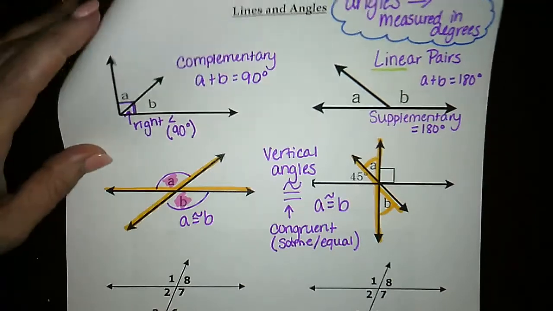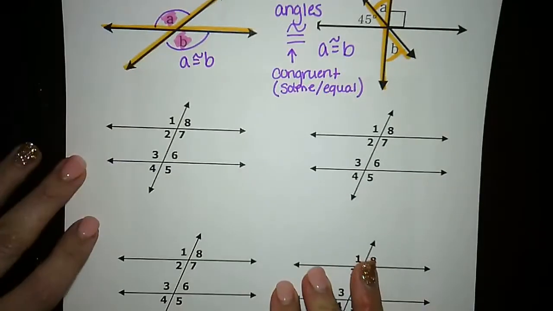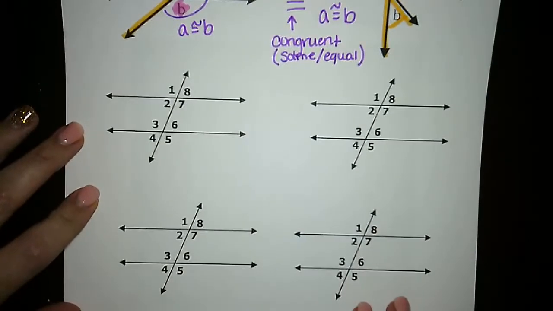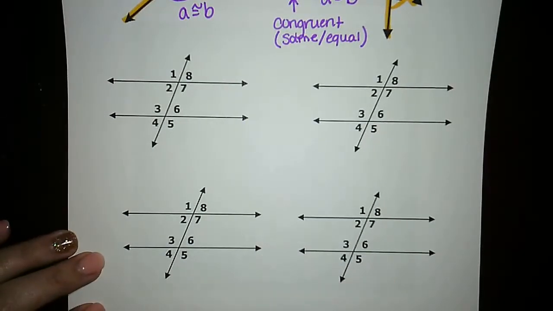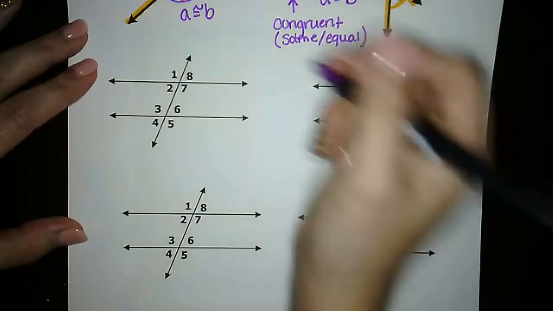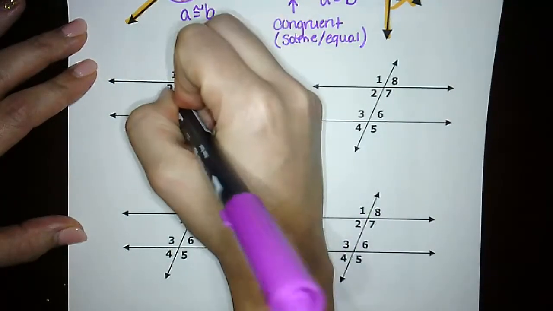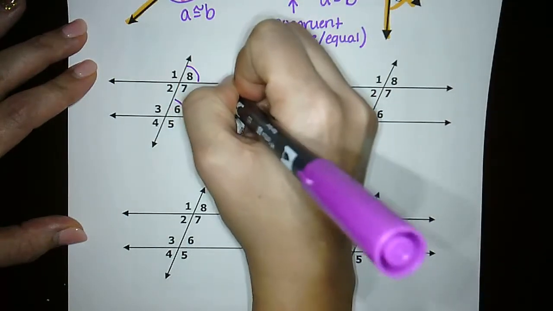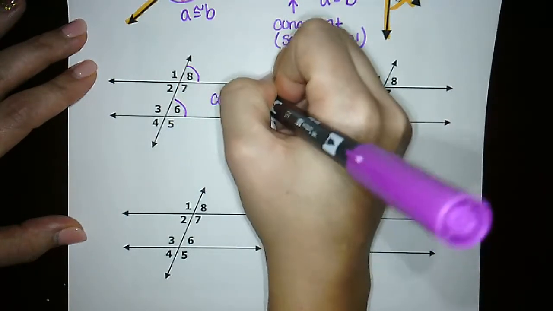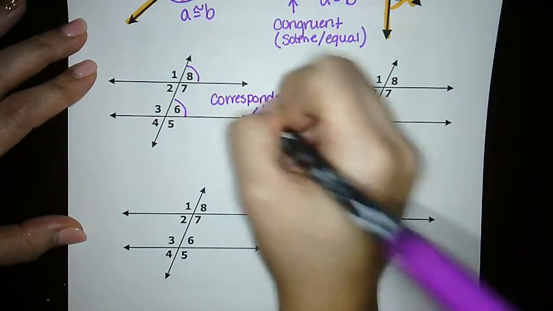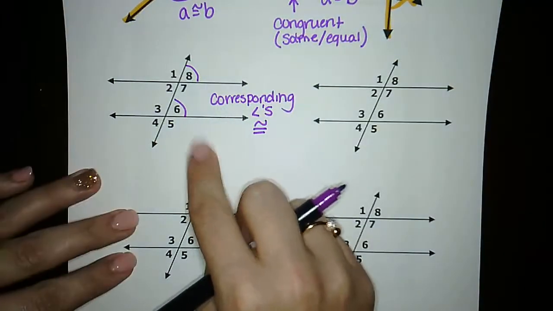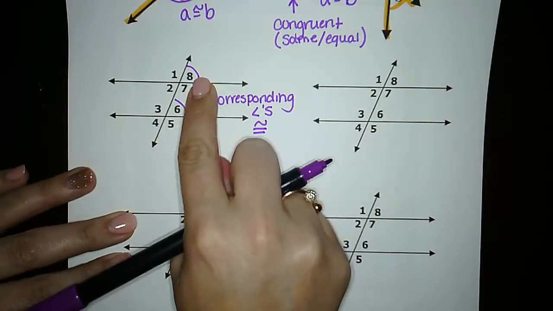Next are parallel lines with the transversal. Again, this is something you guys learned in geometry. So last year, we looked at this at the beginning of the year. And we're going to talk about the different kinds of angles. So the first kind, we have corresponding. And these are congruent. They are called corresponding because they're in the same position on the parallel lines.